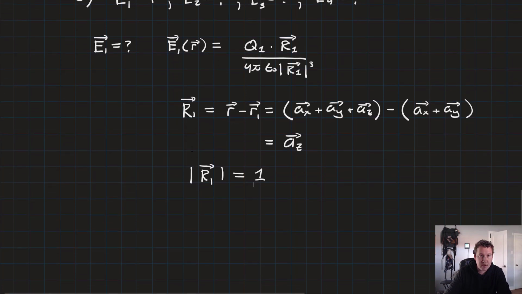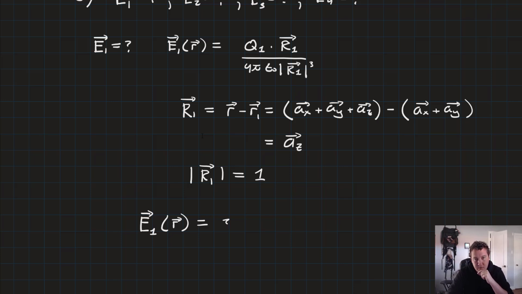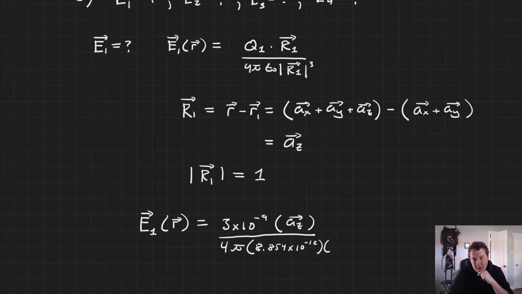So now we're ready to do the actual number crunching. So we write it out long form. E sub 1 as a function of vector r is equal to 3 times 10 to the negative 9 times a sub z over 4 pi times 8.854 times 10 to the negative 12 times 1 cubed.